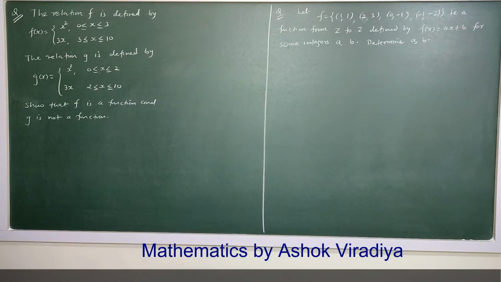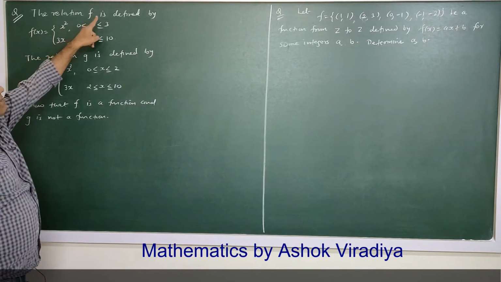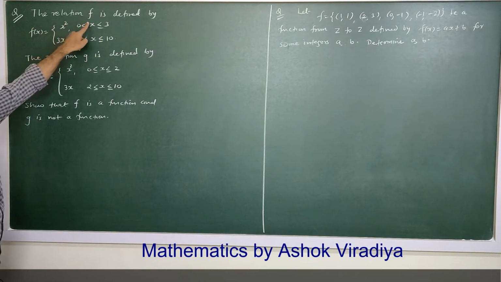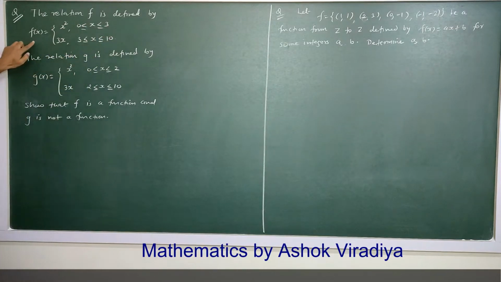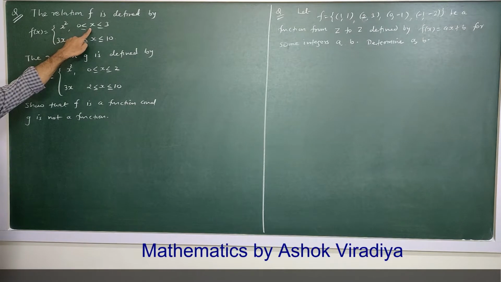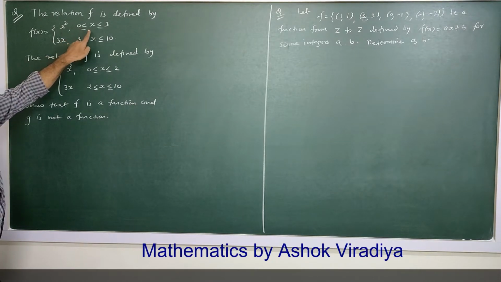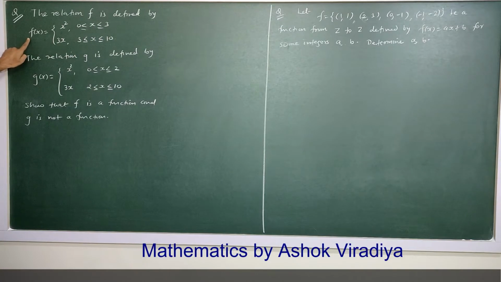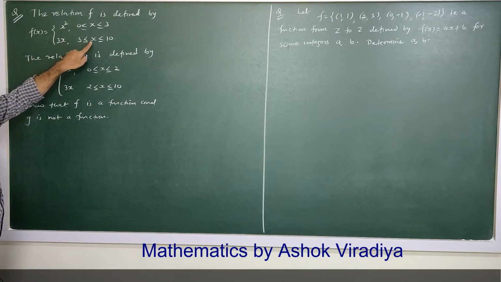So here, see, the word is relation. Relation f is defined by f(x) equal to x square if x is from the closed interval 0 to 3 and f(x) equal to 3x if x is from the closed interval 3 to 10.